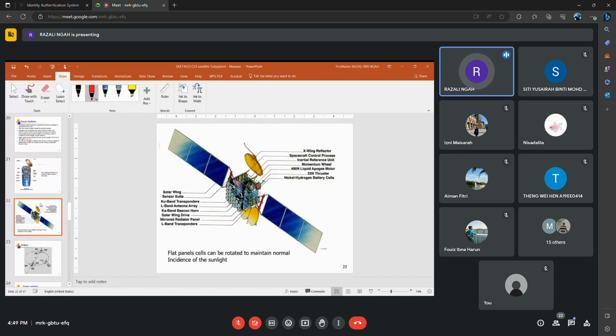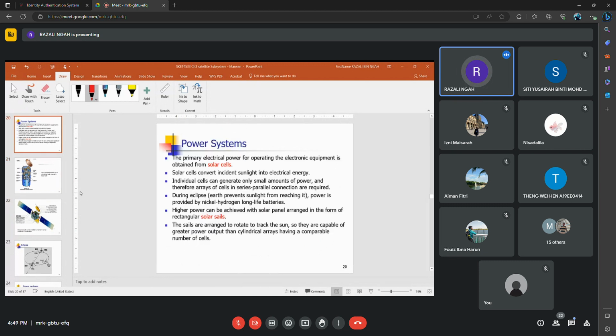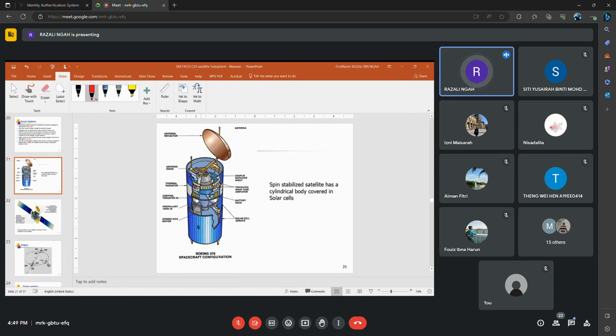As we know, the solar panel will convert sunlight to electrical energy. Then this electrical energy needs to power up all the communication systems and electronic circuits.